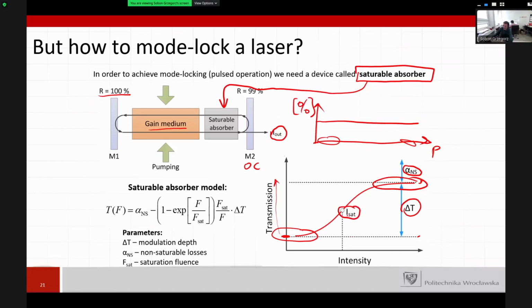This is the kind of a threshold where we say that above the threshold, our absorber is saturated, or below the threshold, it's not saturated. So what will happen if we put such a device inside our laser?